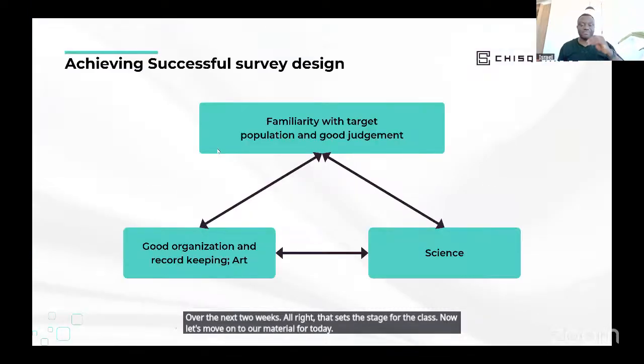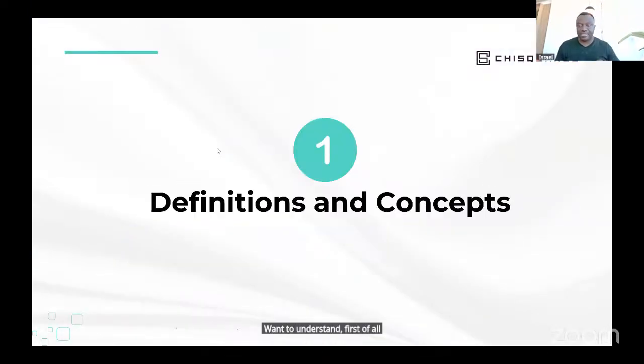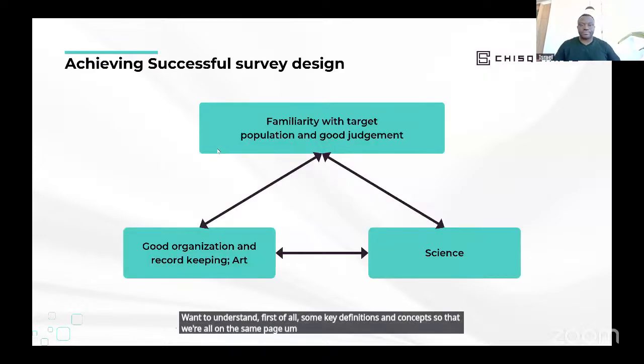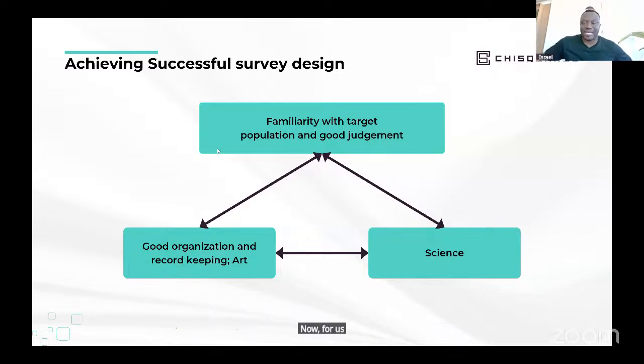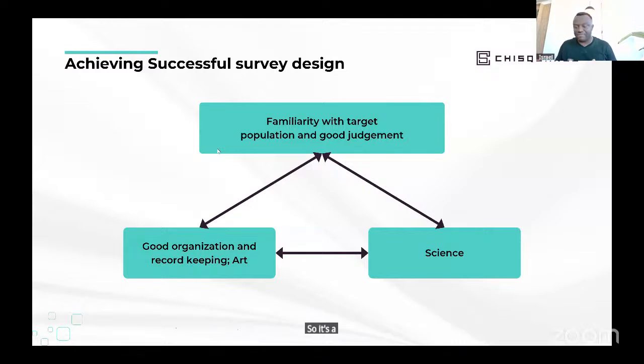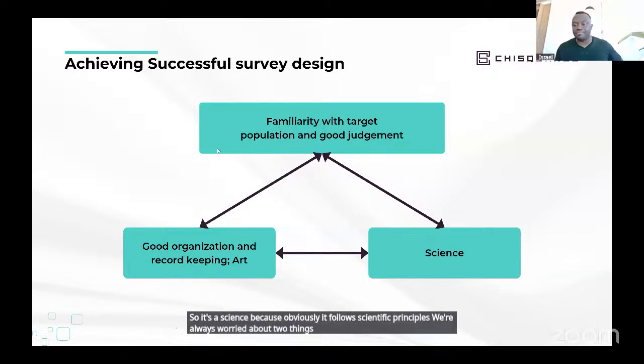Want to understand, first of all, some key definitions and concepts so that we're all on the same page in terms of survey design. Now, for us to become very good experts at survey design, we need to acknowledge that survey design is both a science and an art. So it's a science because obviously it follows scientific principles. We're always worried about 2 things, validity and precision.